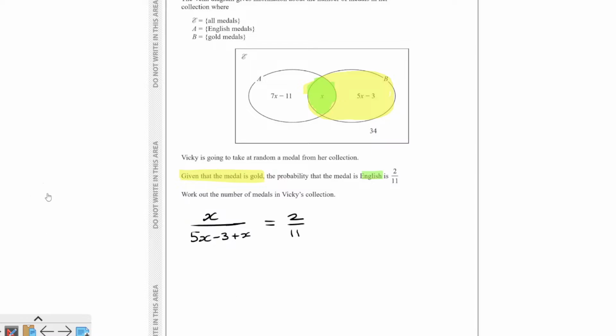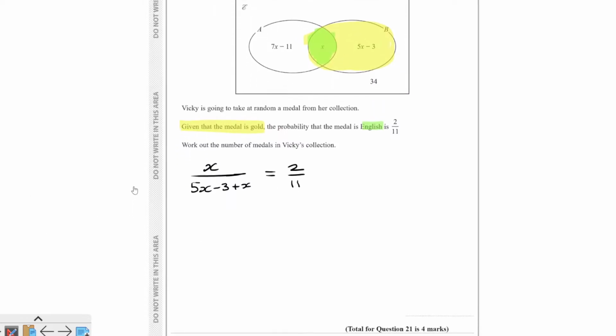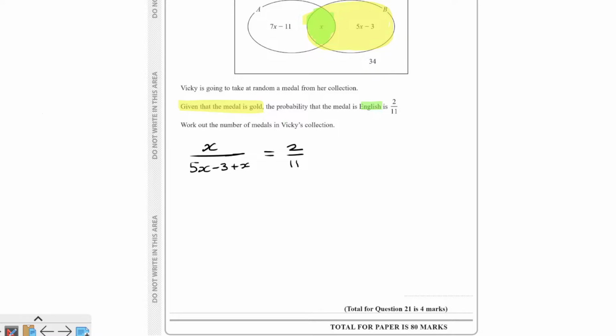From here, once you've translated it, then it's fine. It's just solving equations, isn't it? So obviously I can add those. So that'll be 6x minus 3, wouldn't it? Now, because I've got fractions, I'm going to cross multiply. So what I mean by that is multiply by both denominators to move them across, get rid of the fractions.